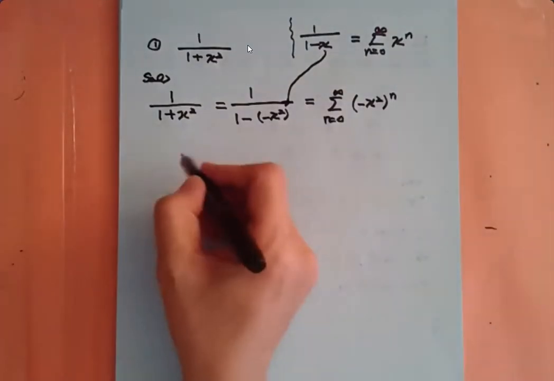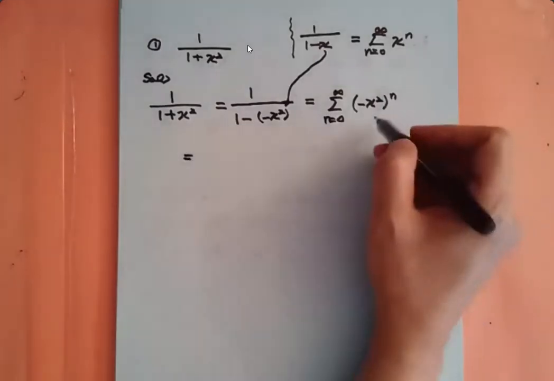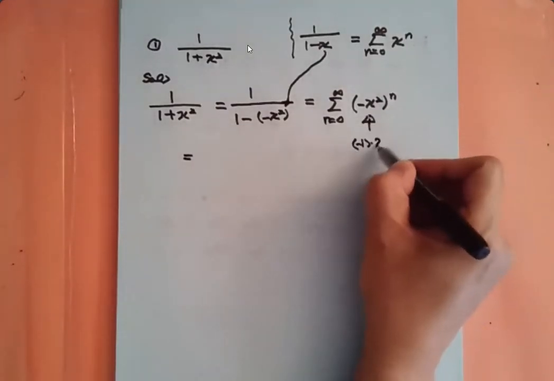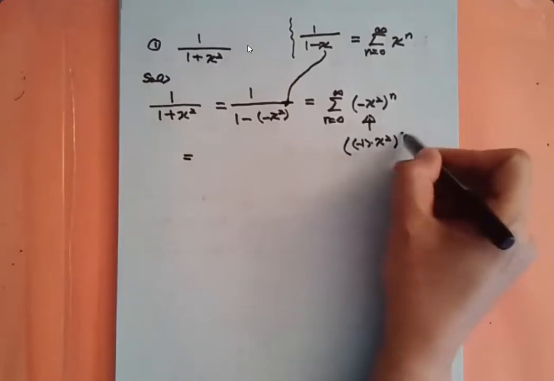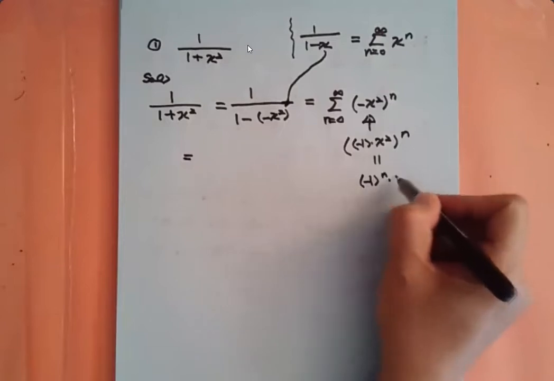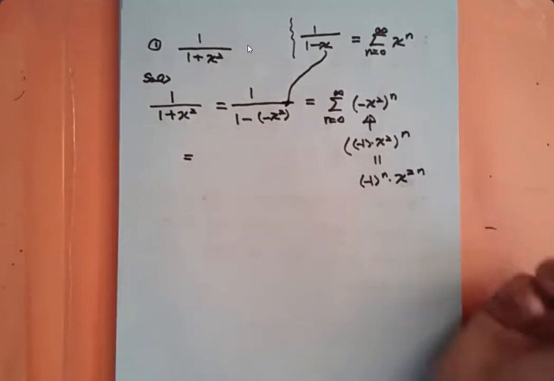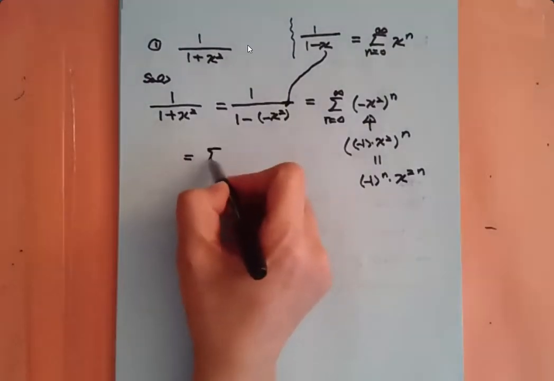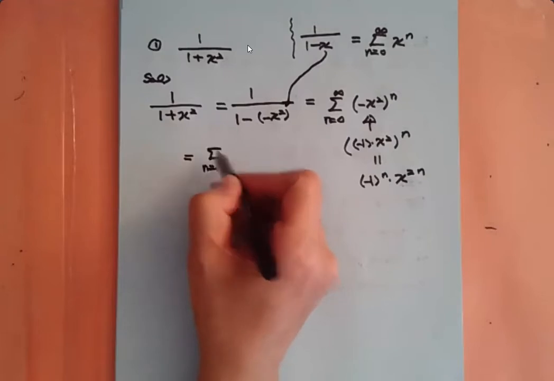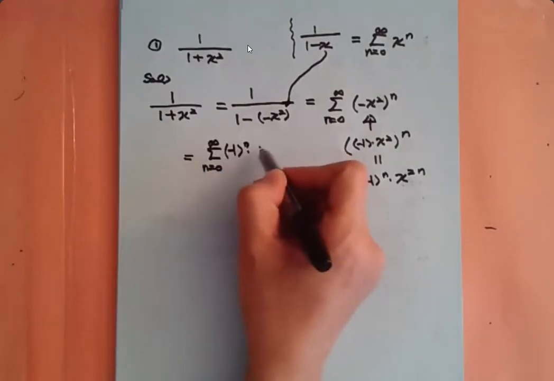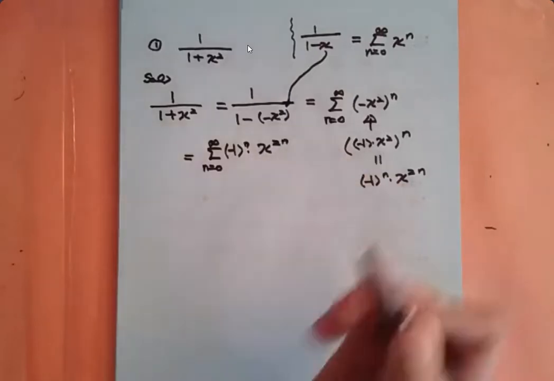This part is negative 1 times x squared to the n power, and that is negative 1 to the n power times x to the 2n power, right? So summation n equals 0 to infinity of negative 1 to the n power times x to the 2n power.